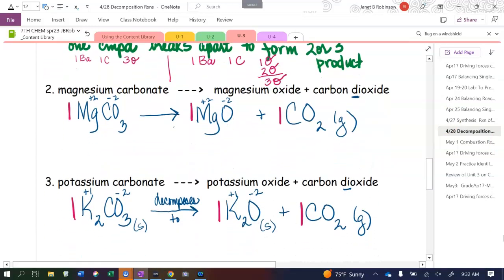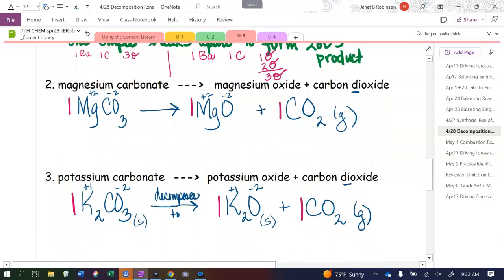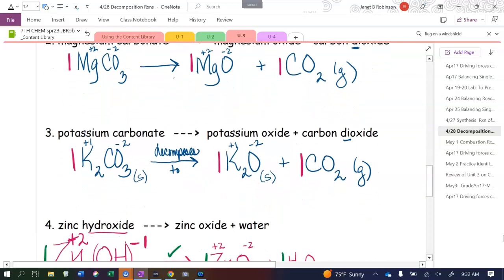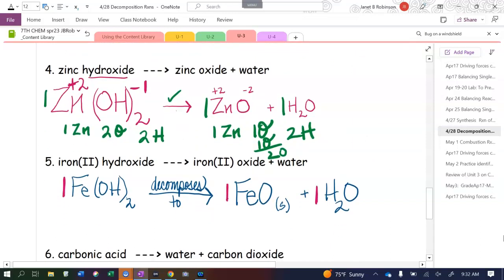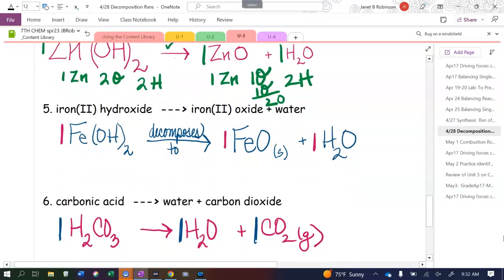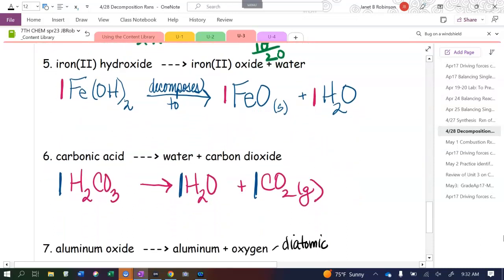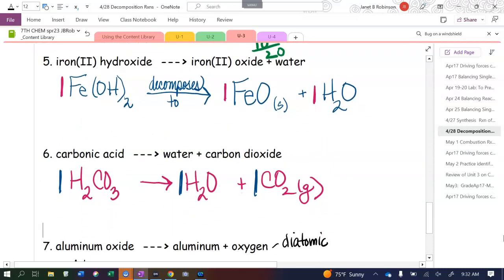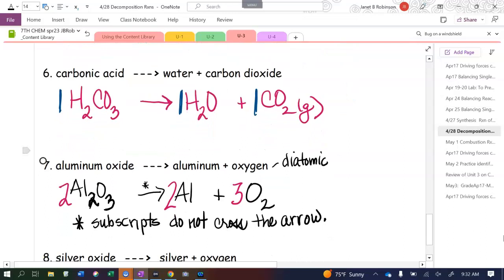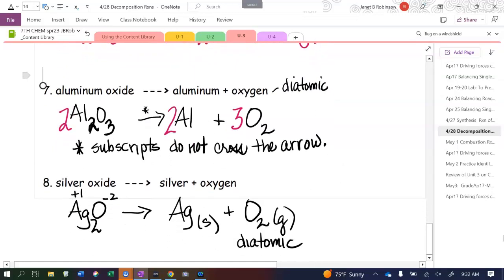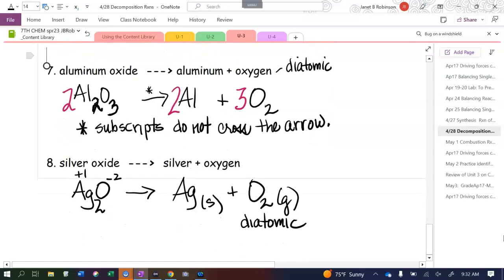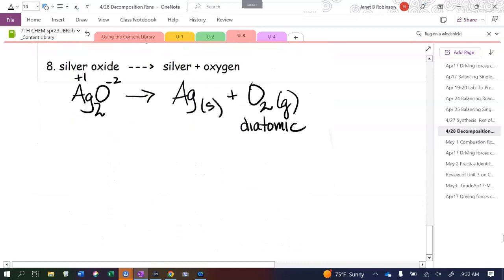Most of these had coefficients of 1 because they broke apart so nicely. We looked at these a little bit yesterday. And here's the one that was bothering people so much. Subscripts do not cross the arrow. You have to rebuild the formulas on the other side.